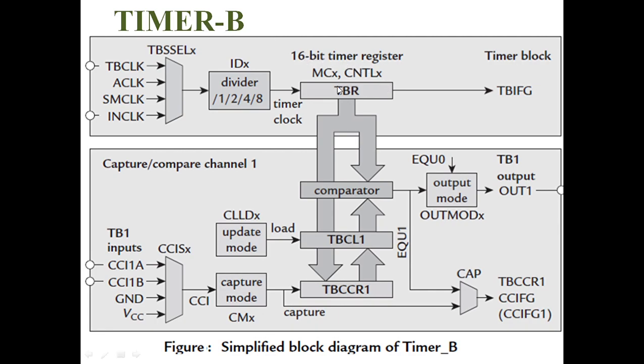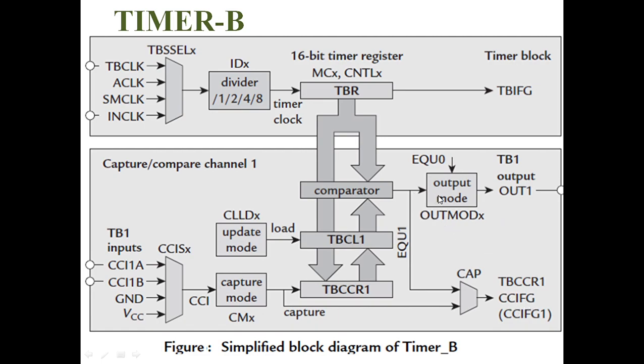So the timer B register captures the current time and compares this current value with the value in the timer B capture and compare register. If both values are equal, it generates the timer B interrupt flag and the capture and compare register interrupt flag.